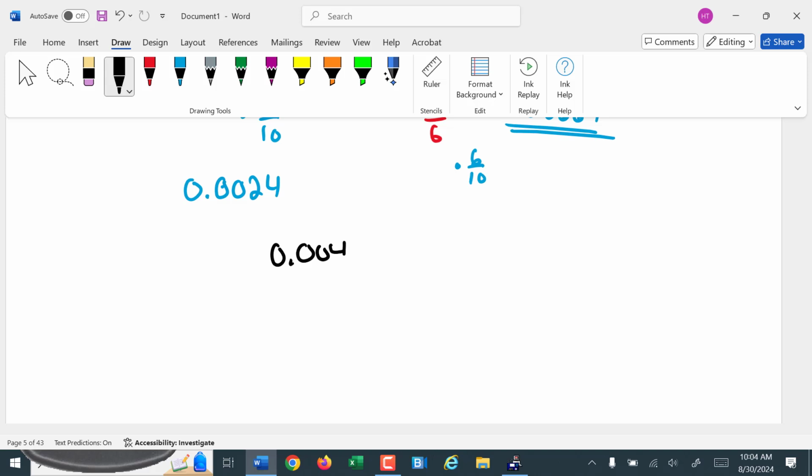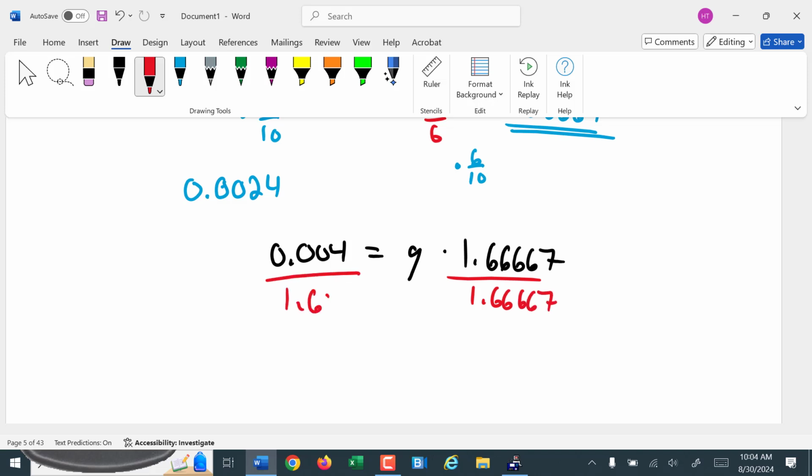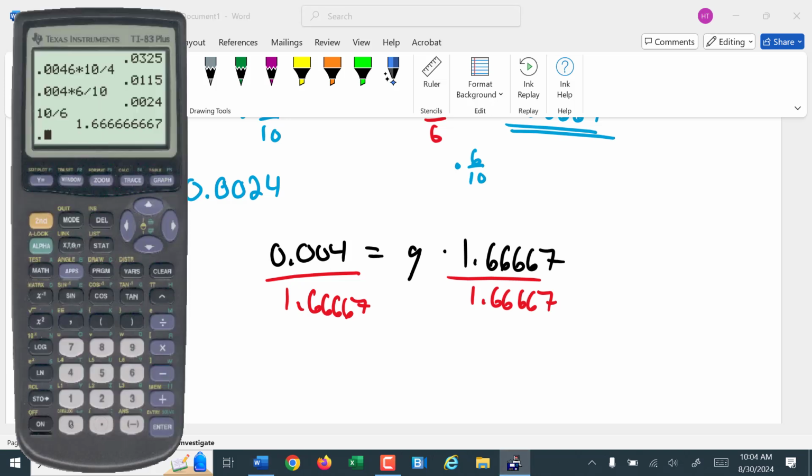So we would have then, my pen's going crazy on me here. There we go. So we'd have the 0.004 equals little g times the 1.66667. And then to solve for little g, we would divide out the 1.667.